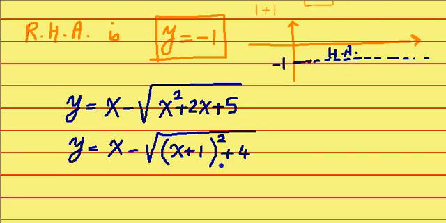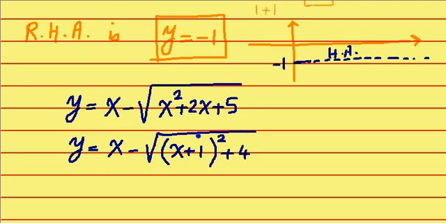Now, two things. When x goes to infinity, you're dealing with large numbers here. X plus 1 squared, you can think about it as the major component, and this 4 as a tiny amount that could be ignored in comparison to this huge number here. But if you ignore 4, what's going to be left?